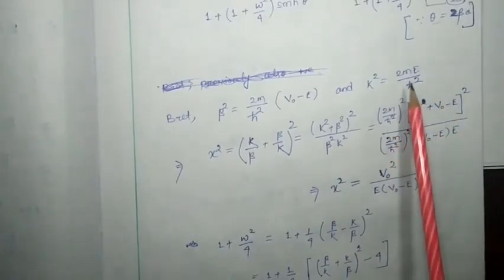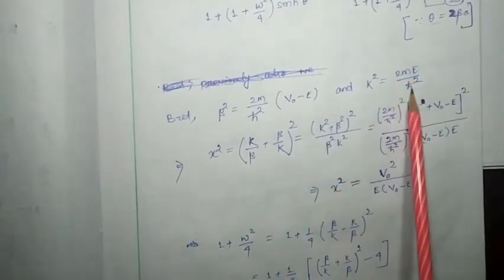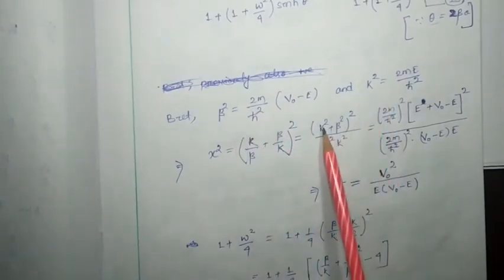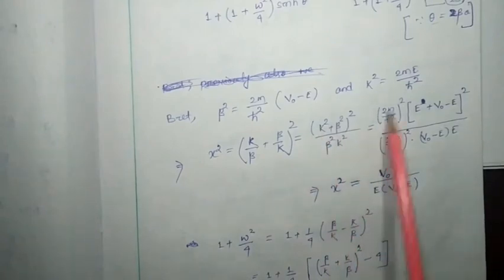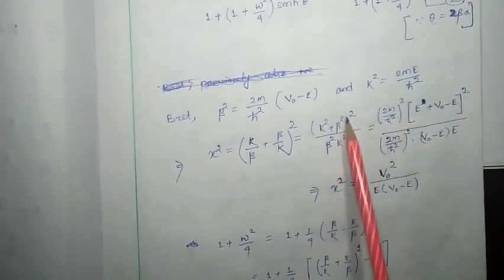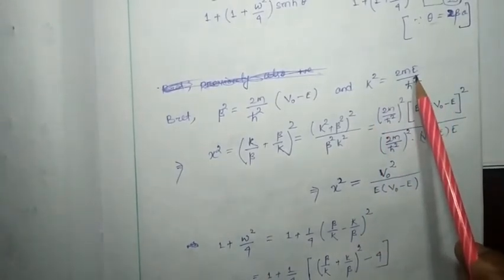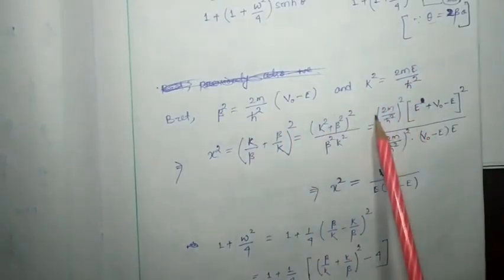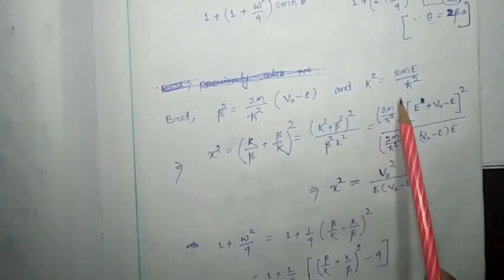You can see that in the case of β² and k², 2m/ħ² is common. So in k² and β², if we put the values, we can take common (2m/ħ²)², because this is squared. As 2m/ħ² is a common term in k² and β², we can take it outside, and as it is squared, it will be squared.